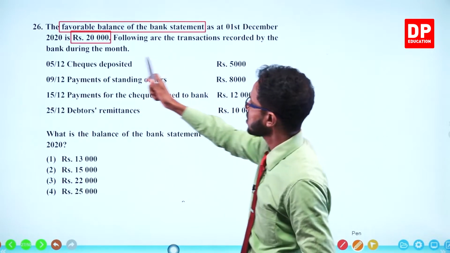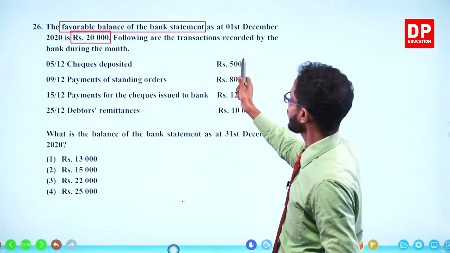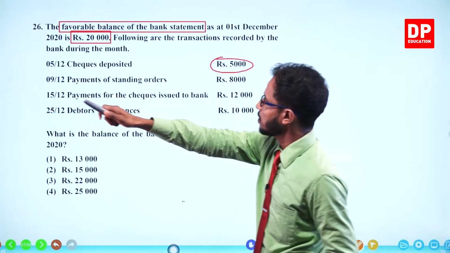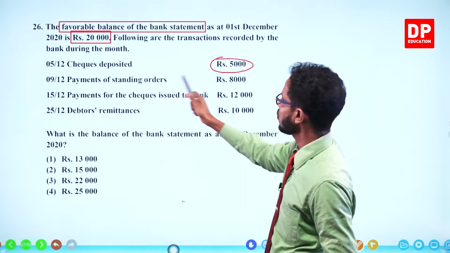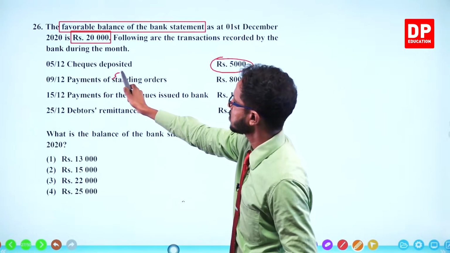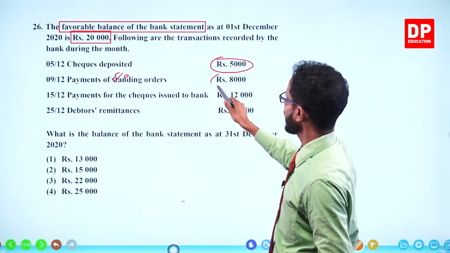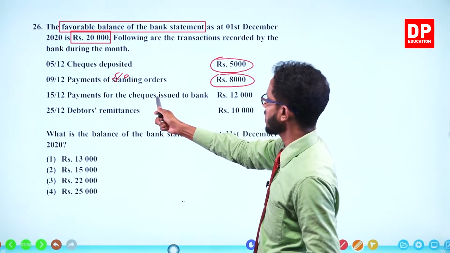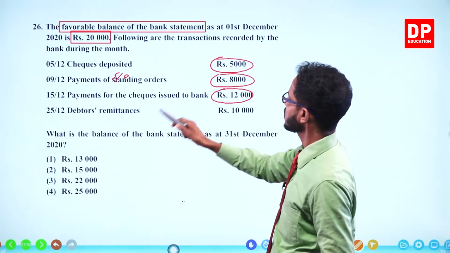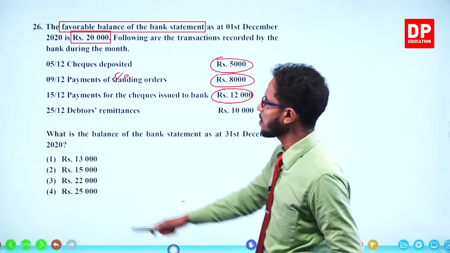Checks deposited, 5,000. Payments of standing orders, 8,000. Payments for the checks, 12,000.